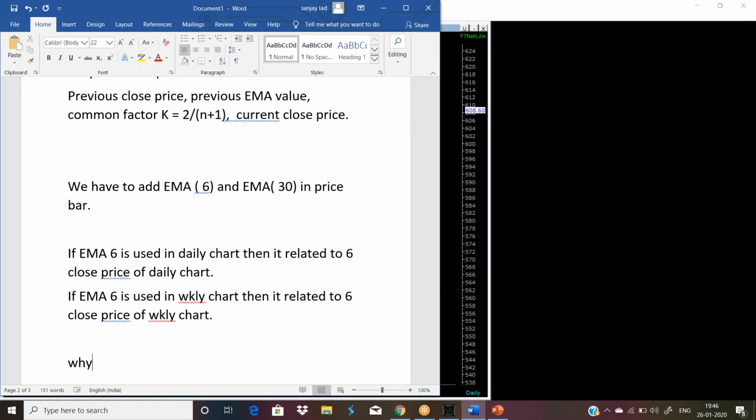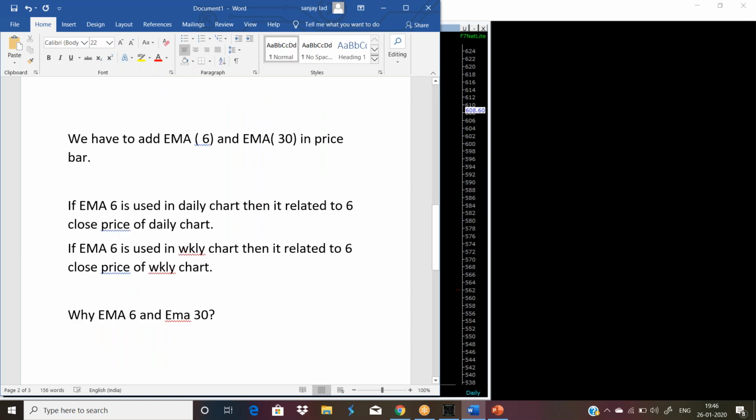Why not other values? It can be 520 or 735, it can be 100, 200, it can be anything. Correct? But why EMA 6 and EMA 30 only?